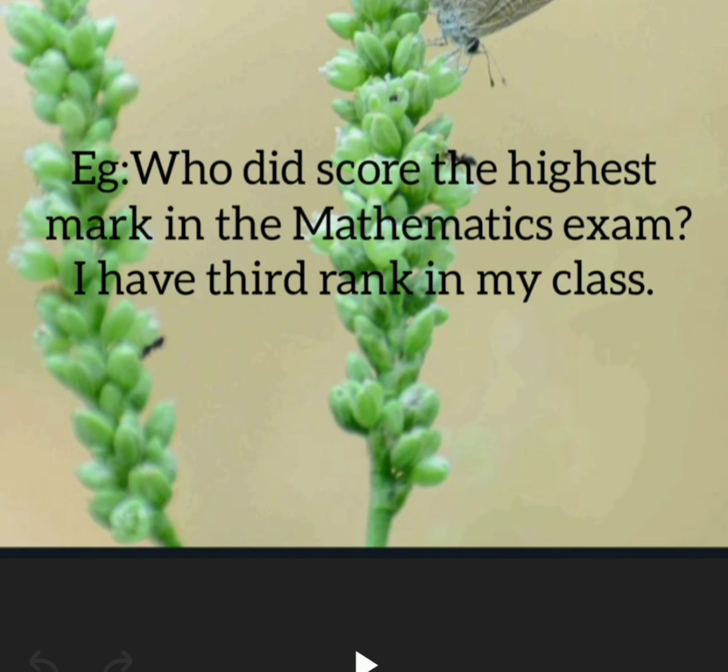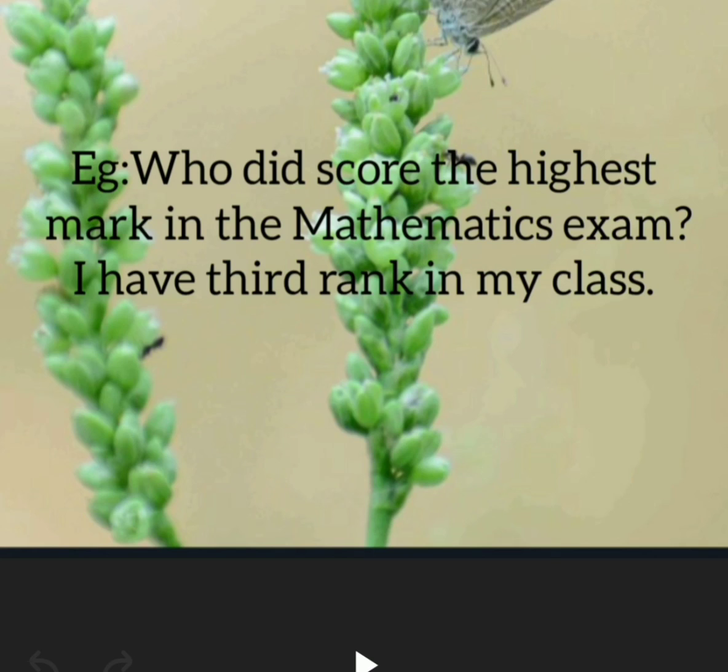The next one is, I have third rank in my class. This third is considered as the determiner here. In these two sentences, the first question, who did score the highest mark in the mathematics exam?